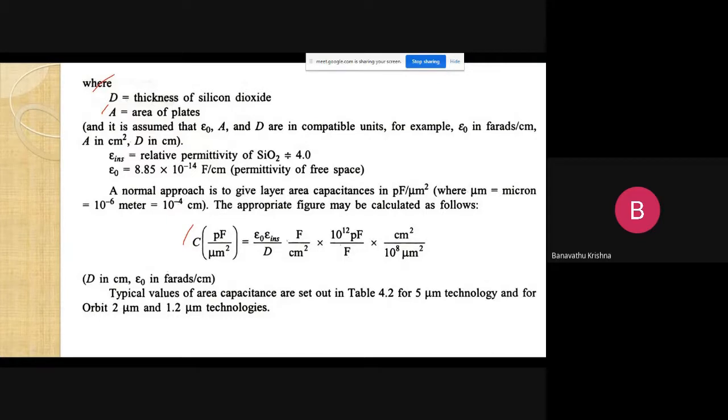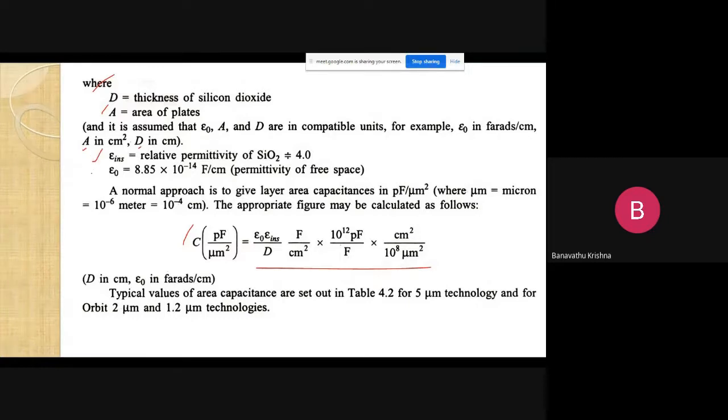For this approximation, I want to expand this equation in this notation. It is assumed that epsilon naught, A and D are in compatible units. For example, epsilon naught in farads per centimeter, area of the plates in centimeters square, and thickness of the dielectric medium in centimeters.